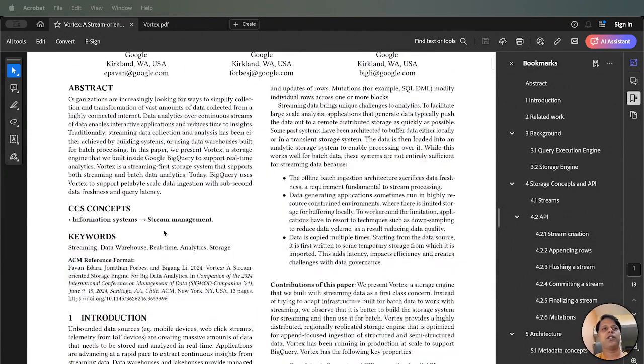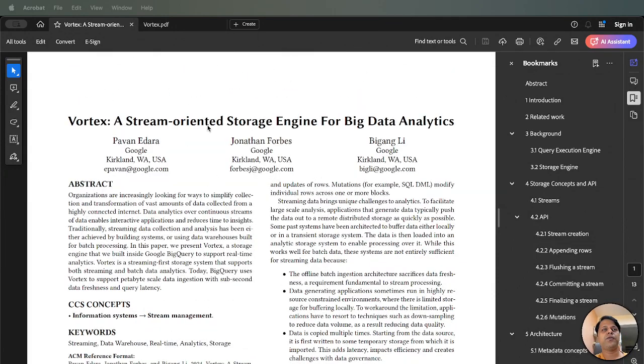But just to understand the paper better, we have to first understand what this paper is related to. So this paper is related to BigQuery and the new features related to streaming ingestion. Okay.